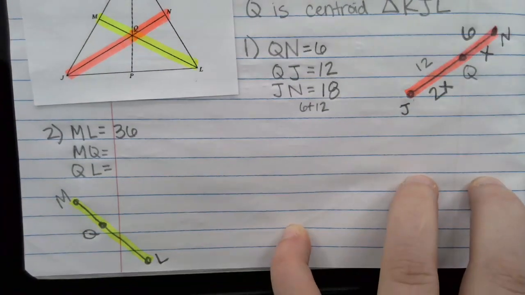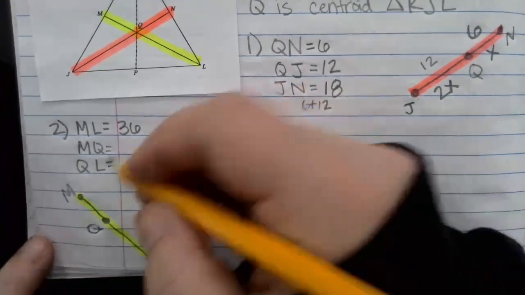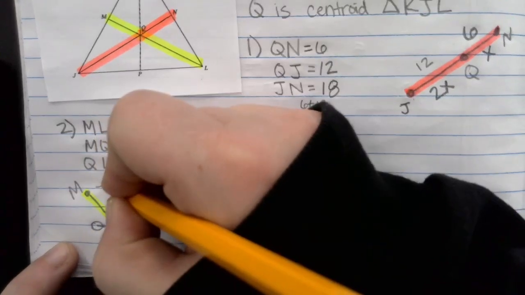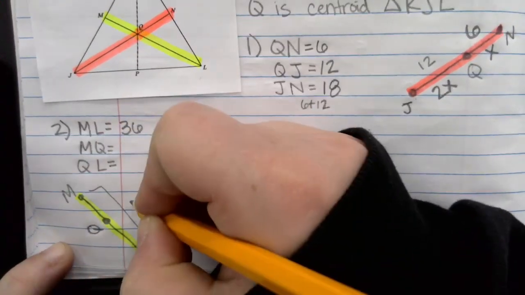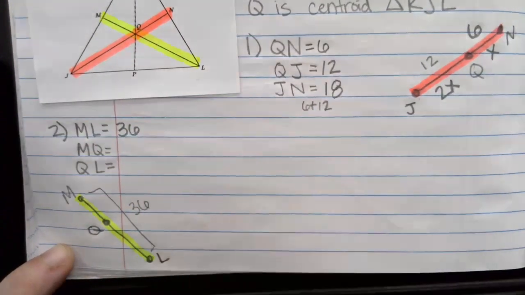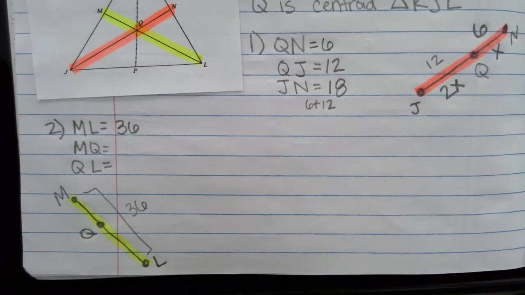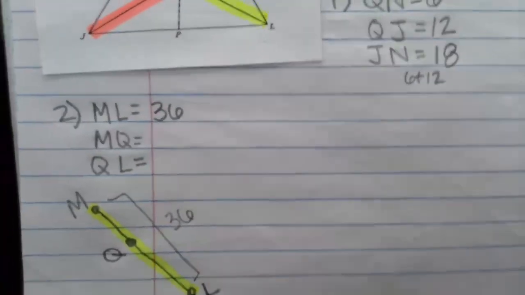All right, this time, I know all of ML. The whole thing is 36. We still want to label it into our x and our 2x. So we need to decide which side is x and which side is 2x. X always goes towards the midpoint.